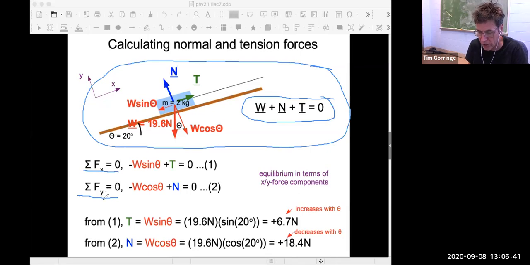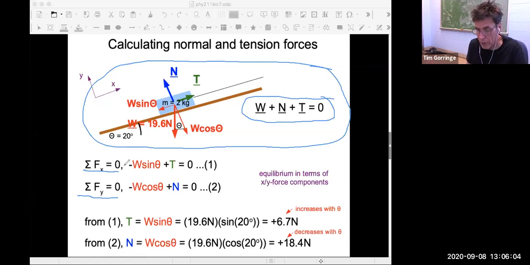That's the y direction. So not only is the sum of the three force vectors zero, but if you were to add up the components along the incline, that must be zero. Otherwise, there'd be movement up and down the incline. And if you add up the forces perpendicular to the incline, that must be zero too. Otherwise, the box would jump off the incline or crash through the incline.